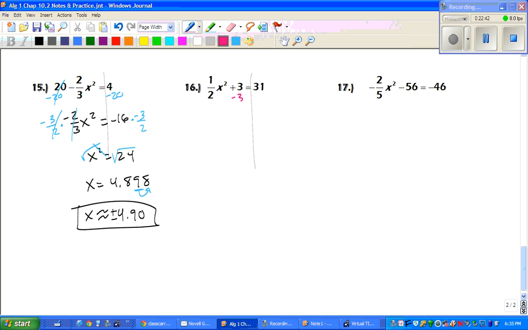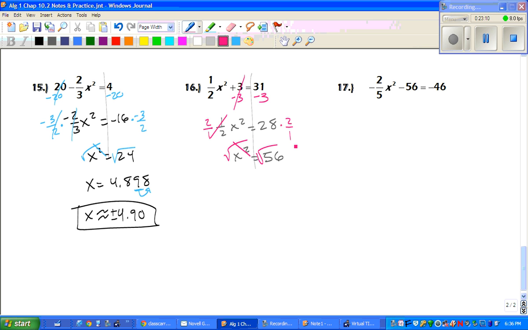Okay, inverse operations. Subtract the 3 first. So we get 1/2 x squared equals 28. Inverse operations, you flip the fraction to cancel it. And we get x squared equals 28 times 2 is 56.